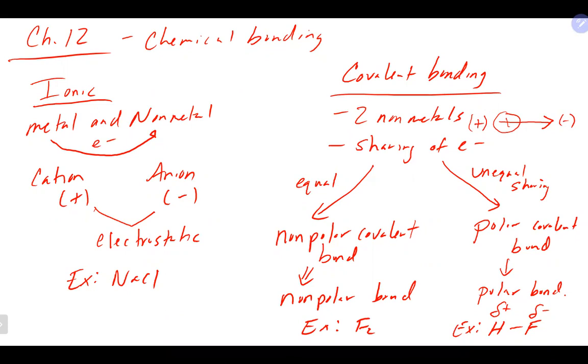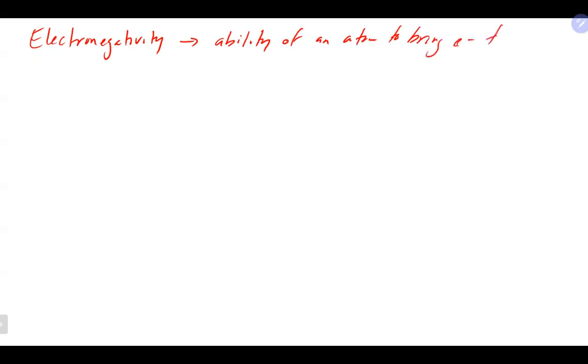How do we know, when we're talking about bonding, whether we end up with an ionic or covalent bond? One of the main things that we look at is electronegativity. As we talked about last time, electronegativity is the ability of an atom to bring electrons towards itself.